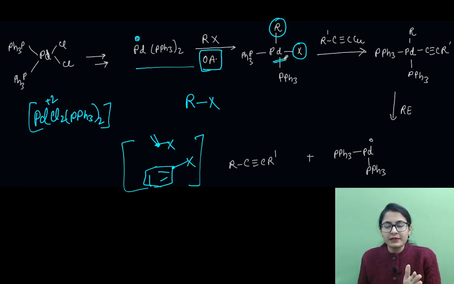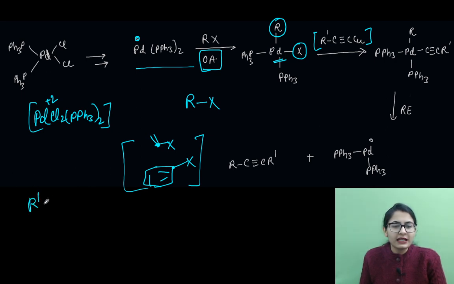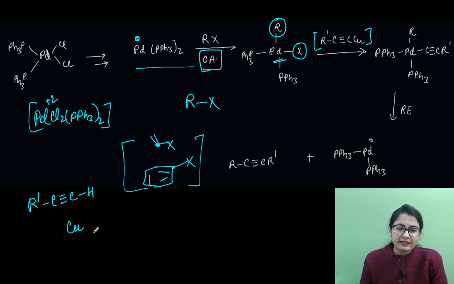Now, here what just happened on the side, you directly see that there is an R' C triple bond C Cu, matlab ki you directly see that somehow there was this alkyne and somehow copper has got attached to it. Yes, how does that happen? You had copper 2 plus. Okay, now let me just check.